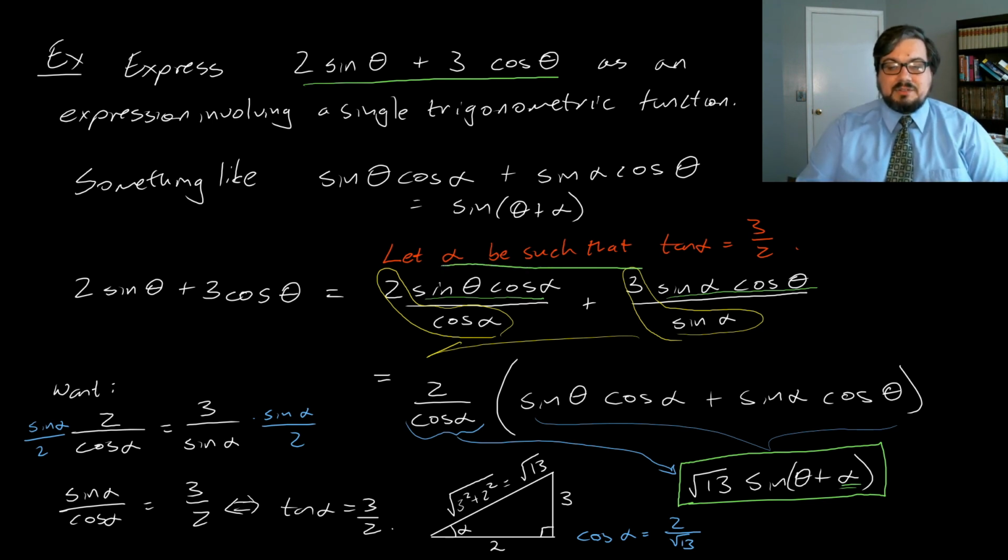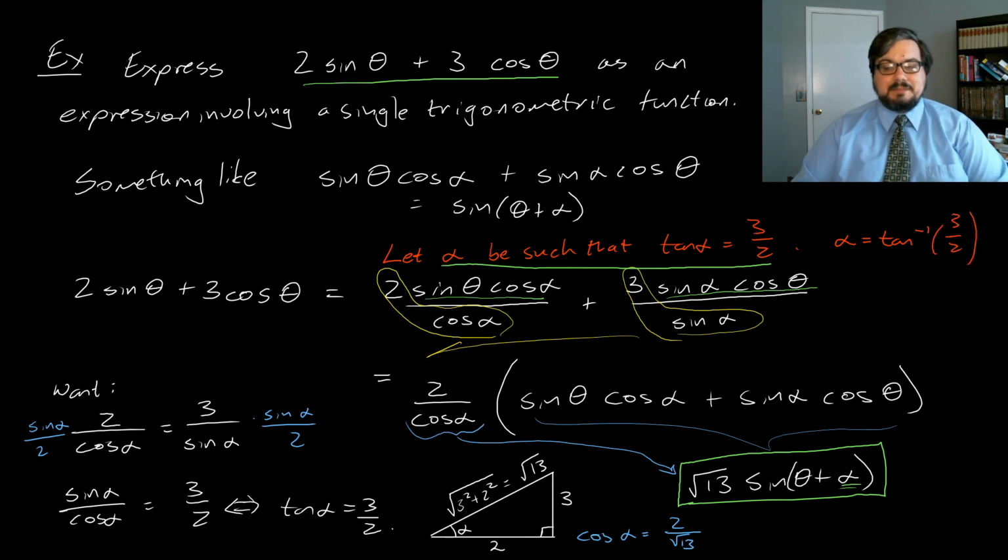Alpha is the angle such that tangent of alpha is 3/2. Or we could even have said, let alpha be the inverse tangent of 3/2. We could have been very specific like that. But it's a constant. The point is that we express this as a function of a single trigonometric function.